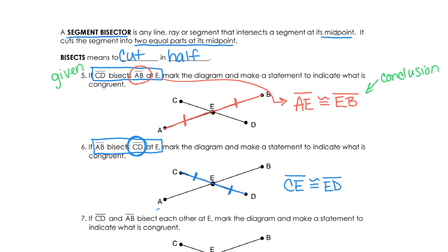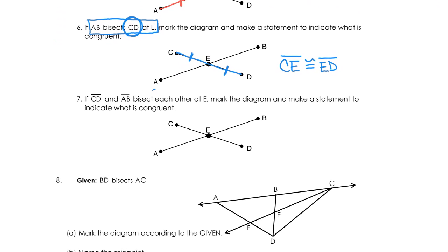So we have one more case, and this one reads slightly different. And it says that if CD and AB bisect each other, well, how we need to read that is that CD and AB are cutting each other in half.